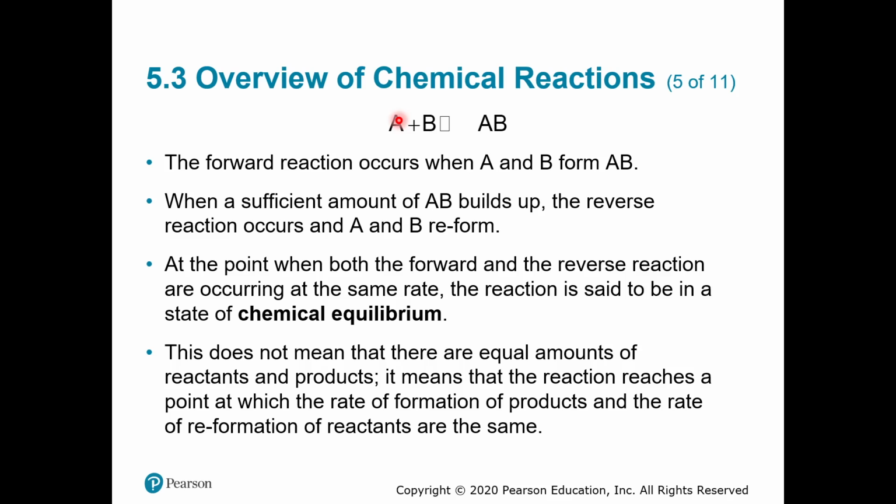Now again, it's the rate of these reactions that is equal. It is not the amounts. The amount of A here does not have to be the same as AB by any means. You can have a chemical equilibrium where the vast majority is on one side and a very tiny amount is on the other. These could be like 10 to the 20 versus 10 to the negative 20.